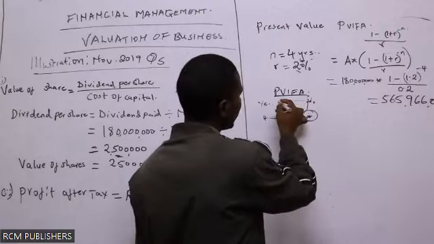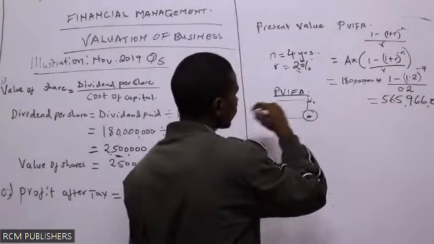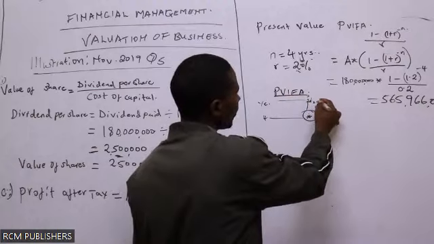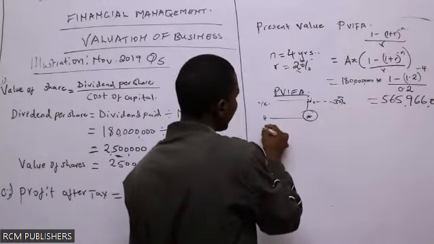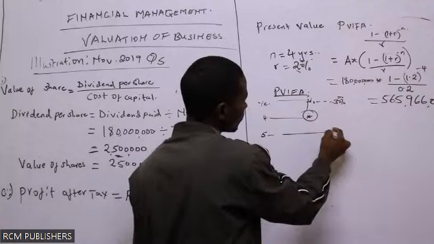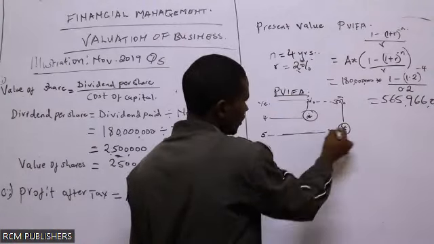Then you check which percentage, what is my return, cost of capital. The percentages go up to 30%. Then check how many years I have, 5 years. The figure is at the intersection.